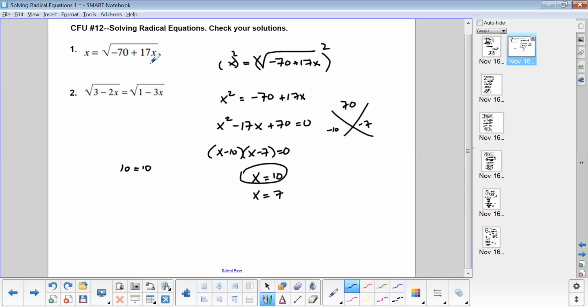Let's check 7. Well, 17 times 7 is 119. When I take 70 from it, I get 49, and the square root of 49 is 7, and I substituted 7 in for x. So actually, both of these are solutions.